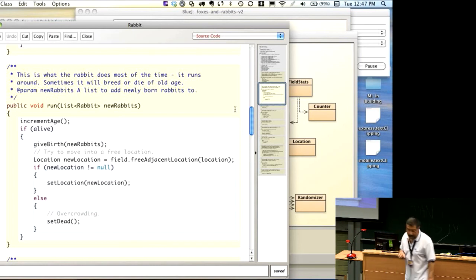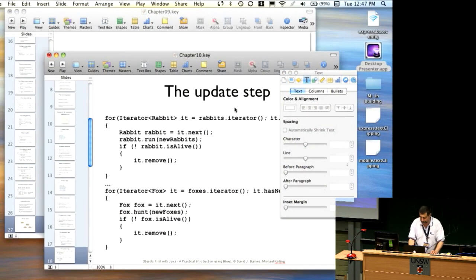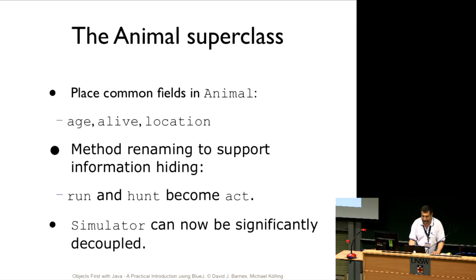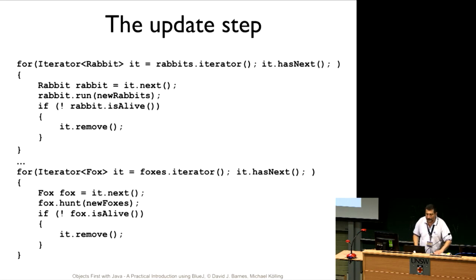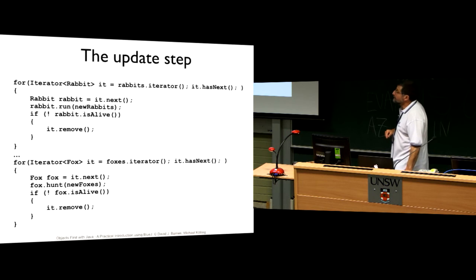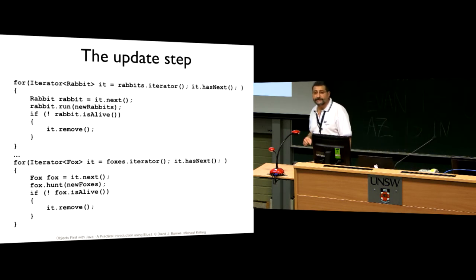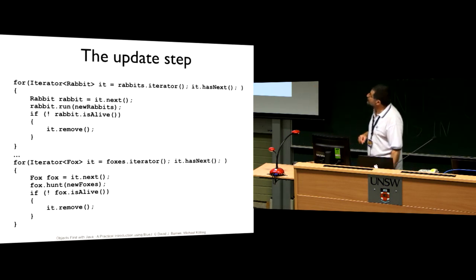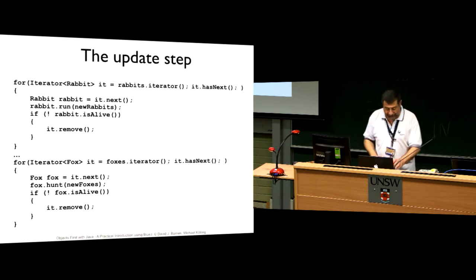All right, so in this slide here, we've got this loop that's going through and calling run every time through on these rabbits, but we've got this new rabbits list, so we're trying to figure out what that does.